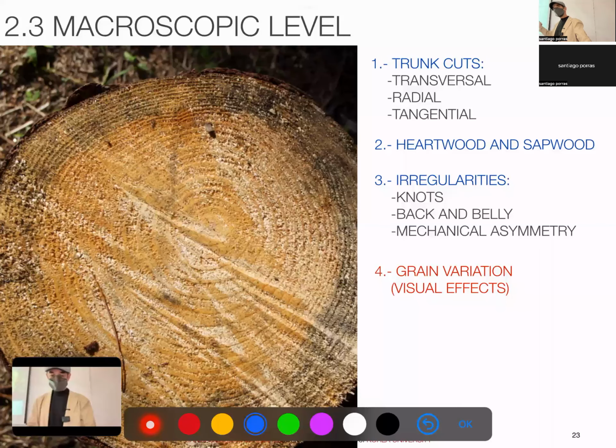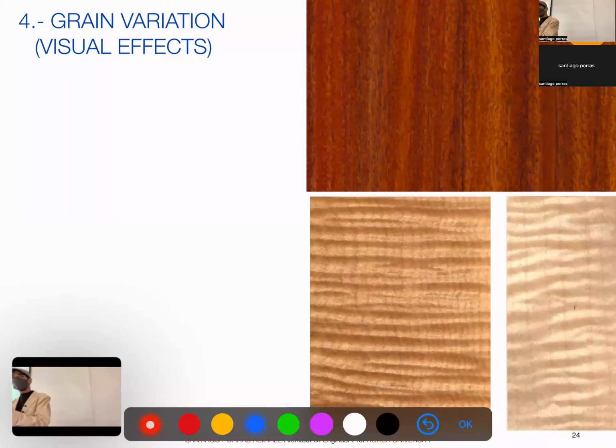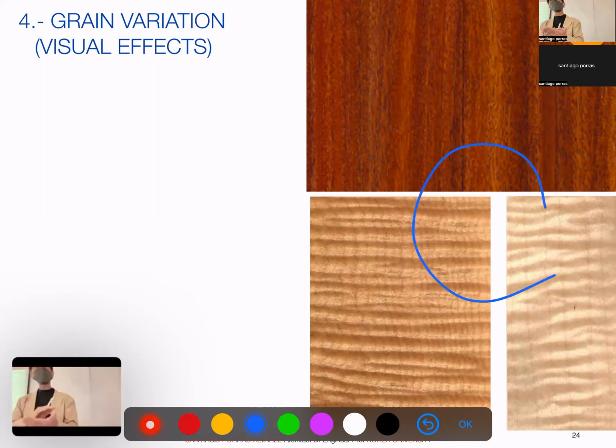And then this is more interesting just for design. So as we said, the microscopic part of the tree has fibers in many directions, right? And that may reflect light in different ways. And according to the cutting direction you choose, you may have different visual effects, which are just for design, not structural.